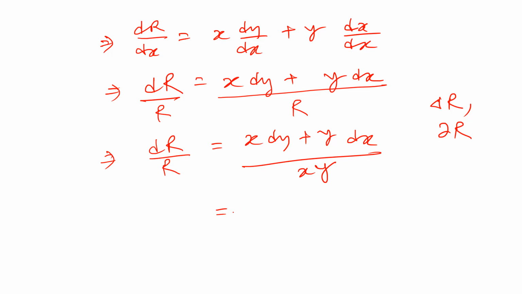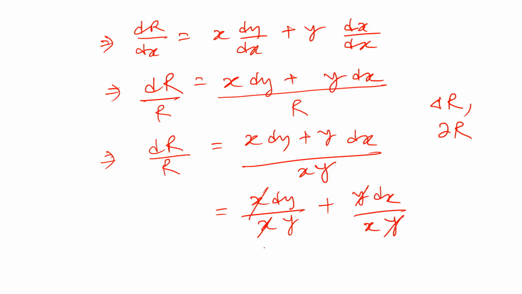Now I will divide by parts. That means x into dy divided by x into y plus y into dx divided by x into y. So in this case x will be cancelled out and here y will be cancelled out. So how much are you getting? That is dy upon y plus dx upon x, and it is equal to dr upon r, right?